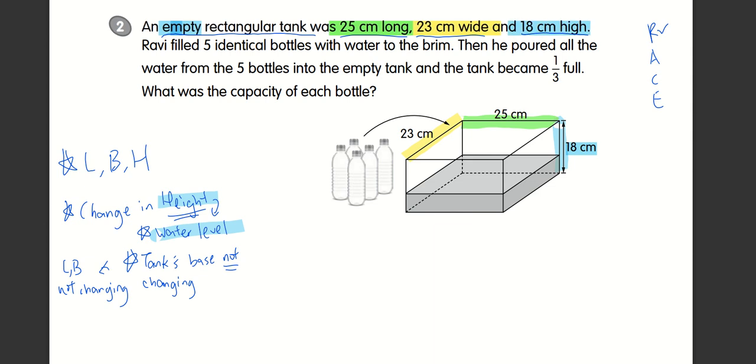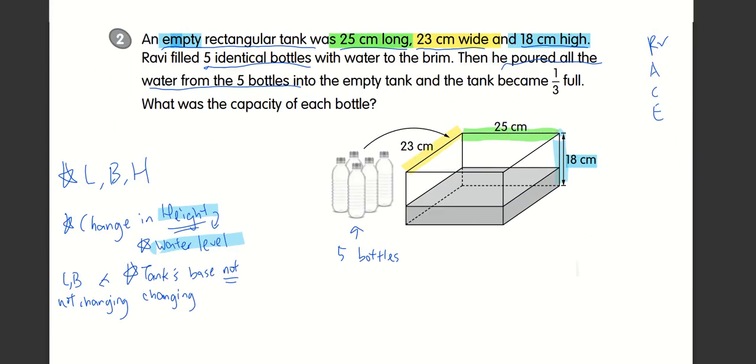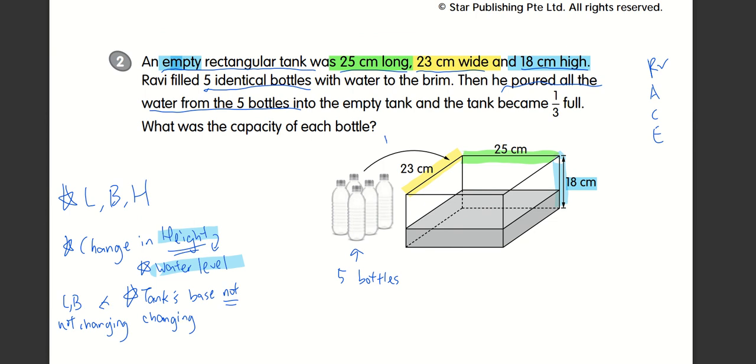Okay, the key story goes here. Ravi filled 5 identical water bottles. That means they are the same water bottles. So these are the 5 bottles filled with water to the brim, so they are completely filled with water. And then he poured all the water from these 5 bottles into the empty tank.